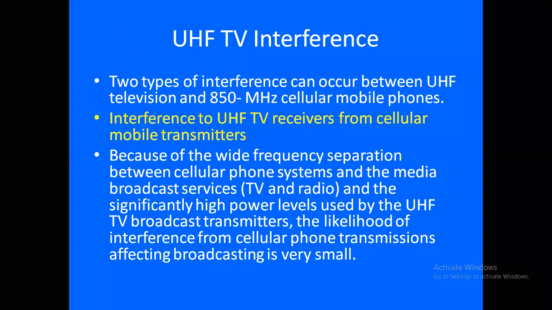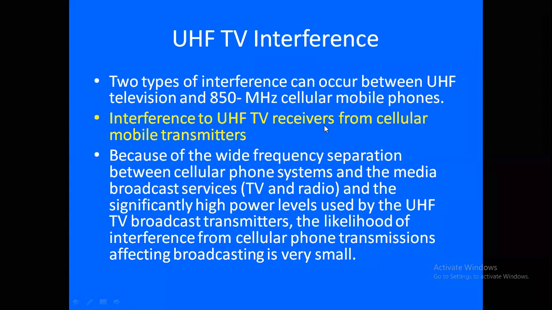Now coming to ultra high frequency TV interference. Two types of interference can occur between ultra high frequency television and 850 megahertz cellular mobile phones. So interference to ultra high frequency TV receiver from cellular mobile transmitter.